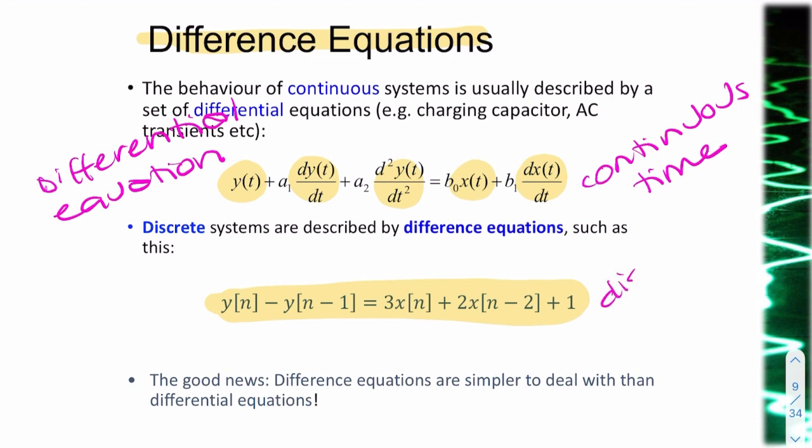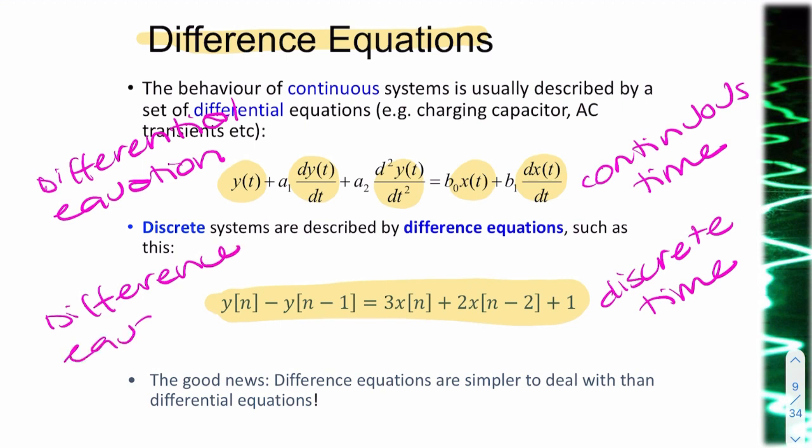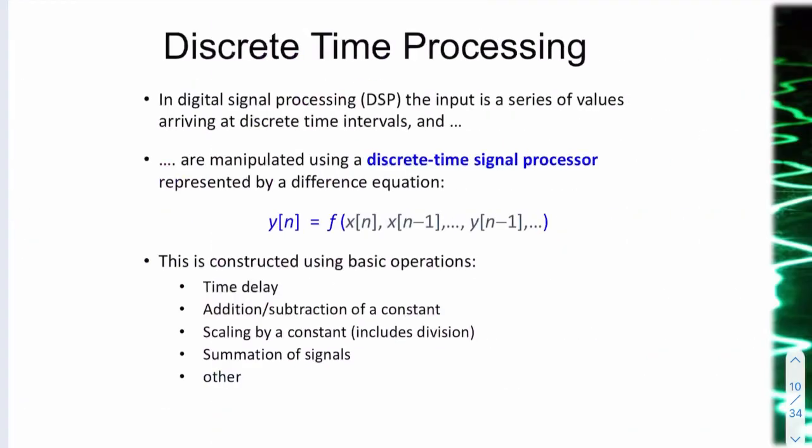Whereas for discrete time systems, we would use a difference equation. So notice this is a difference equation, these are differential equations. And difference equations are much simpler because, as you can see, they're linear. Whereas here, immediately when you have derivatives, they become non-linear unless you take them to the S domain.